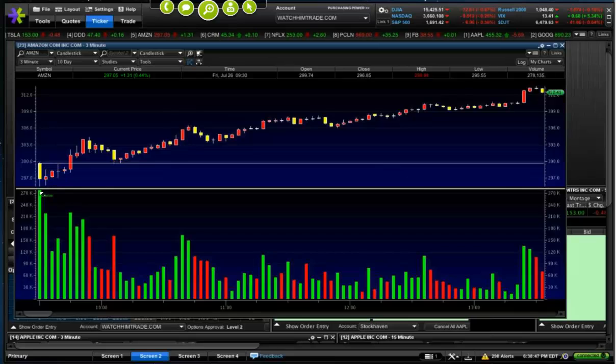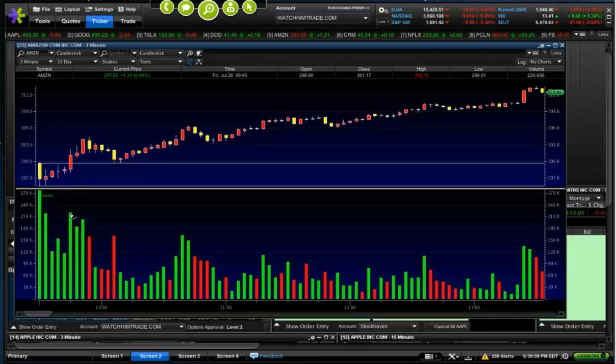July 26th, your initial 3-minute high is at 299.88. Your initial 3-minute low is at 295.55. Your initial 6-minute high, 6-minute low, you didn't close above or below the initial 3-minute high, and you just kind of channeled.